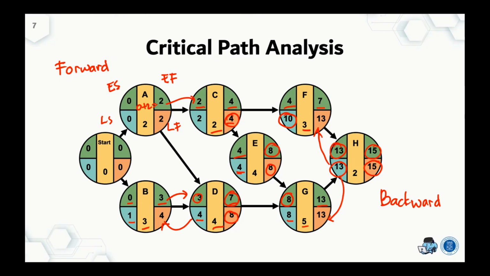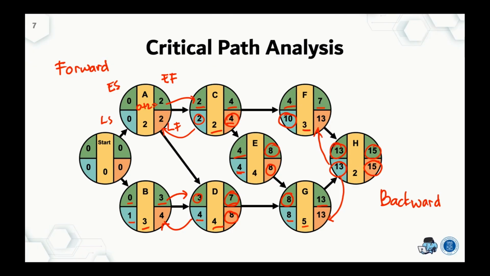For the backward propagation, we should take the minimum one. The minimum between 4 and 10 is 4. So 4 minus 2 becomes 2, and then 2 moves to here, and 2 minus 2 becomes 0. So we have already filled in all of these numbers in this network analysis.